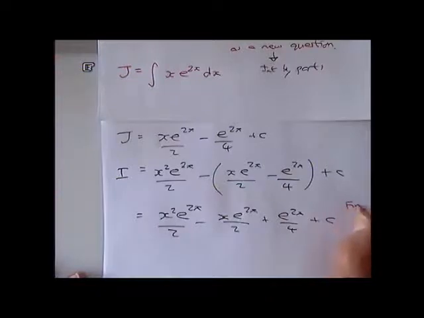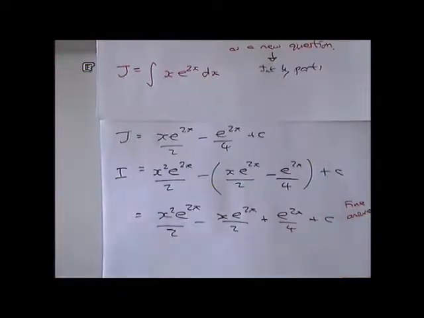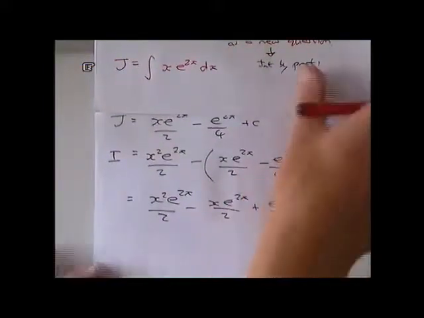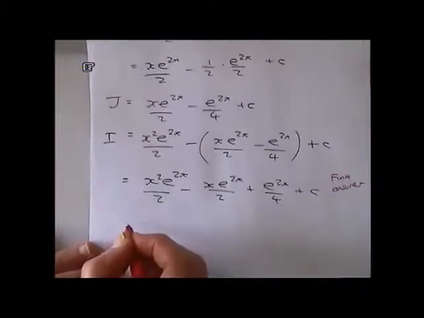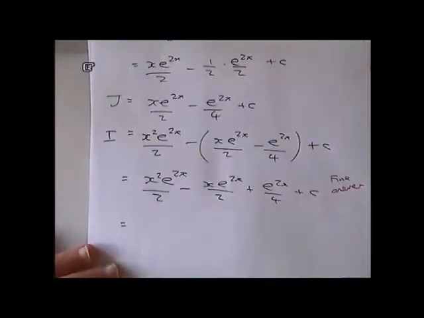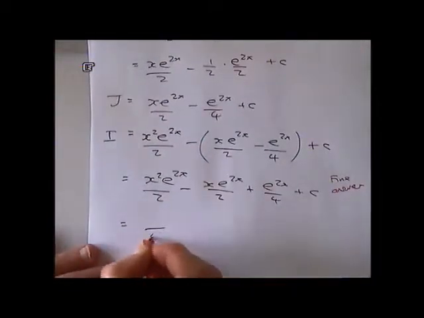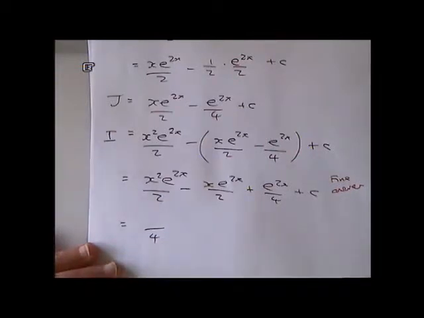and that is a perfectly fine answer, but if you looked in the answers at the back of a textbook, it probably wouldn't be written down like that, even though that is a perfectly fine answer. What could they take out as a factor? A quarter. What else is in each bit? e.